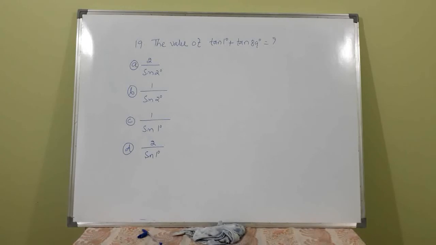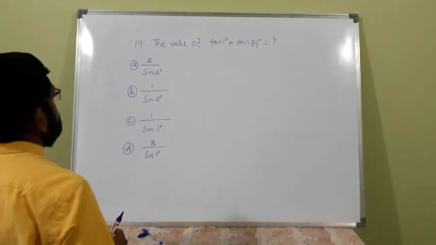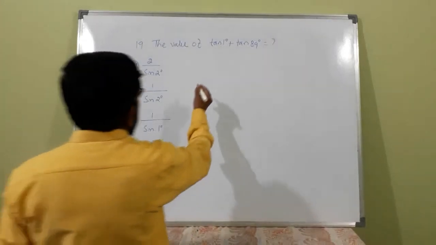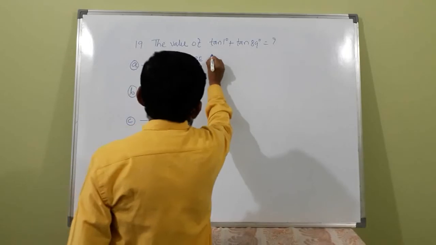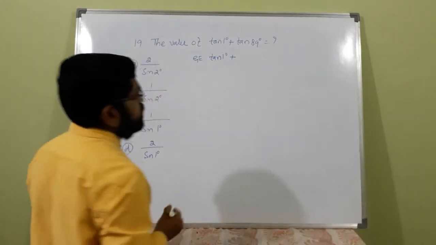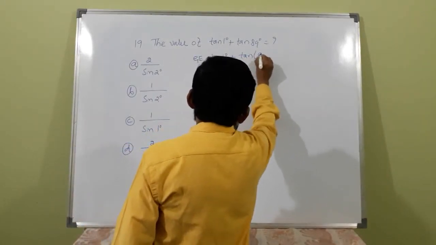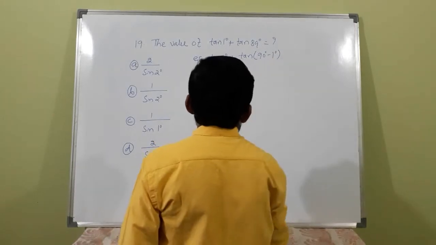Another question: the value of tan 1 degree plus tan 89 degree. The four options are these. The given expression is tan 1 degree plus tan 89, which can be written as tan of (90 minus 1) degree.